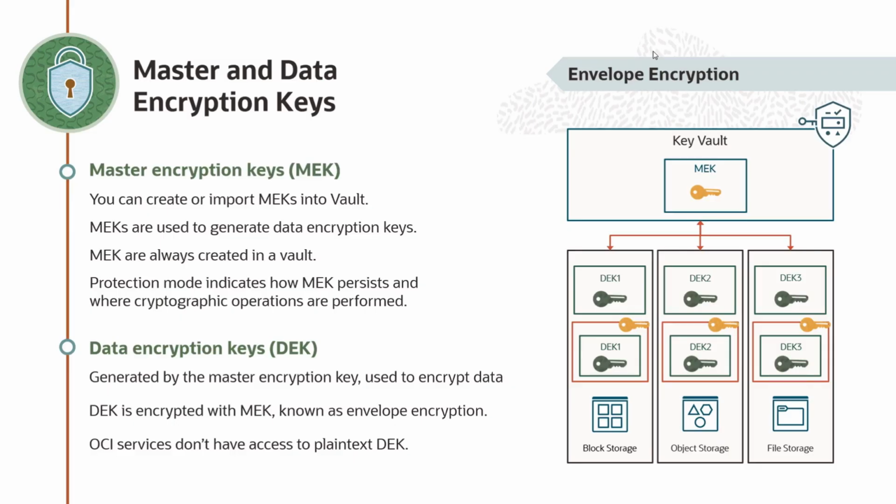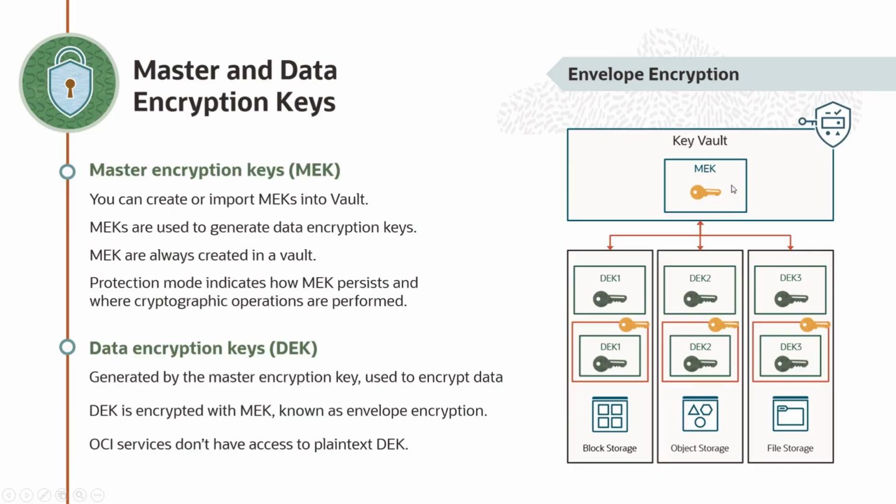But the idea is that OCI services like block storage or file storage don't have access to the plain text data encryption key. I mean, they have access, but they use it for encryption or decryption, and they remove it from memory as soon as possible after usage. This is what is being shown on the graphic on the right-hand side. As we said, when you talk about a key, most of the time you're referring to master encryption keys.